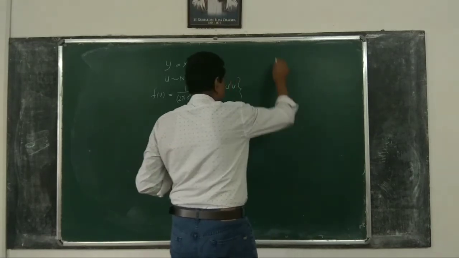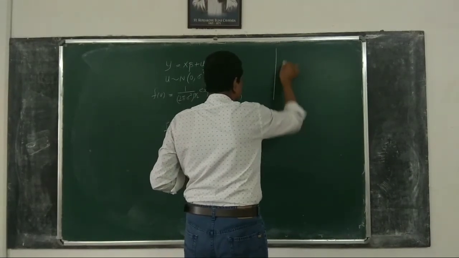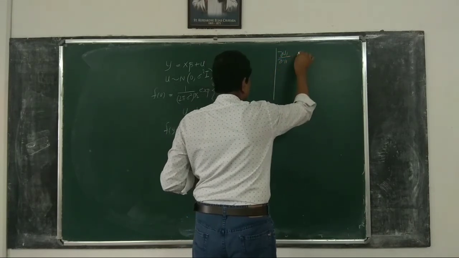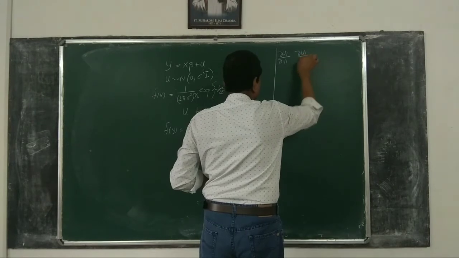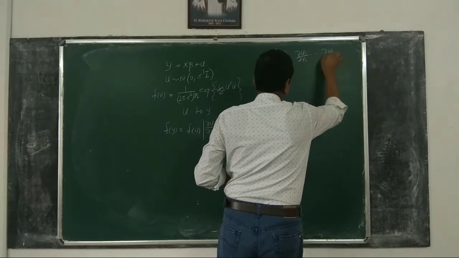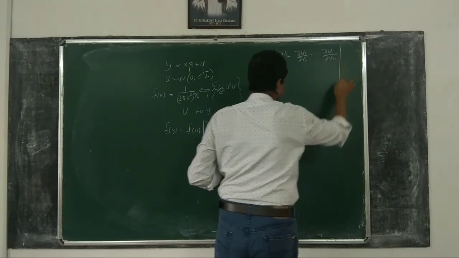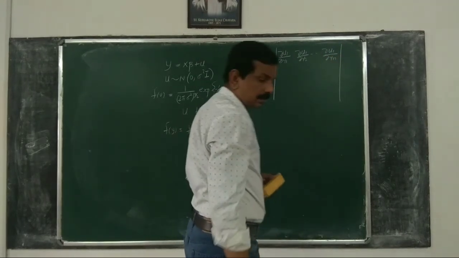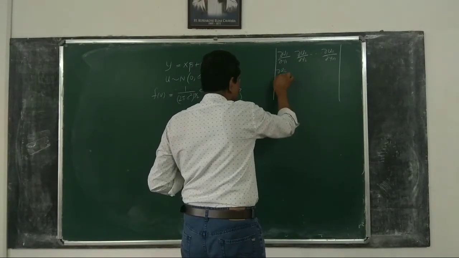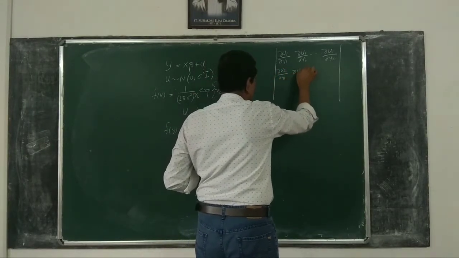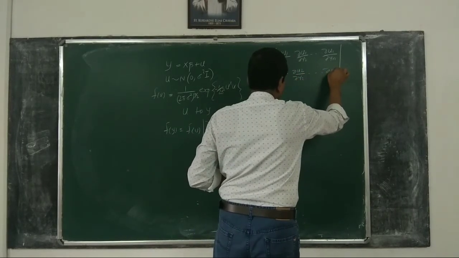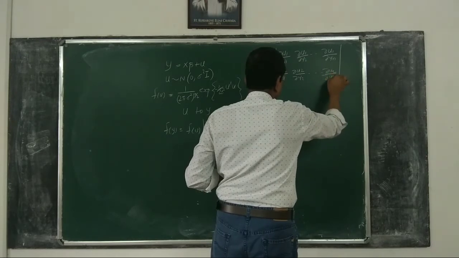This can be written as dou U1 by dou Y1, dou U1 by dou Y2, etc., dou U1 by dou Yn. Then dou U2 by dou Y1, dou U2 by dou Y2, etc., dou U2 by dou Yn.